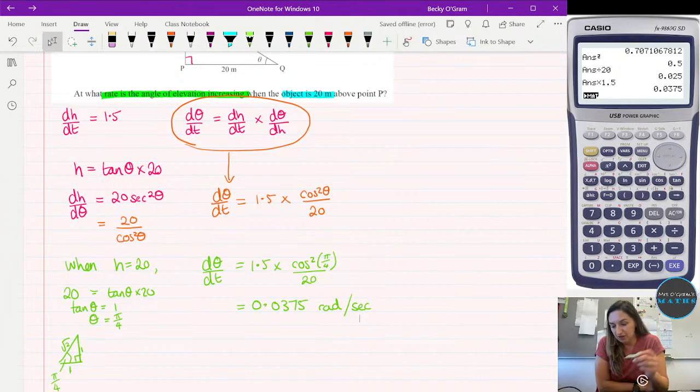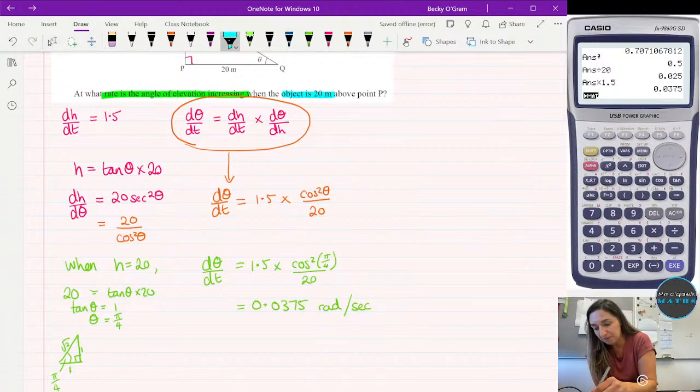Where was I up to? So correct expression for dh by d theta was this bit just here. So this here was where the achieved point was in this question.